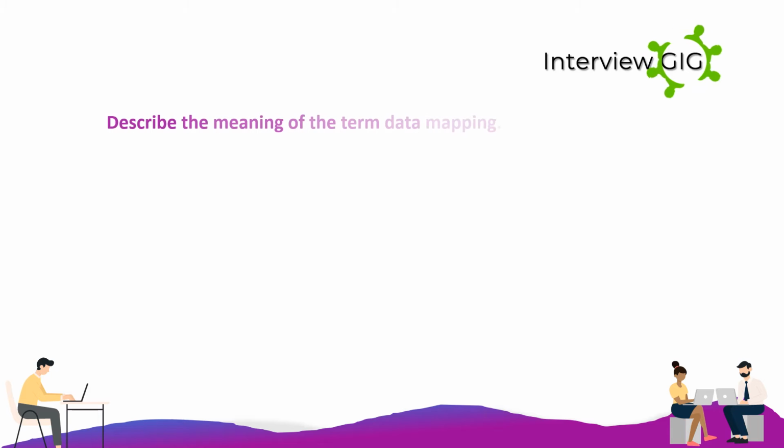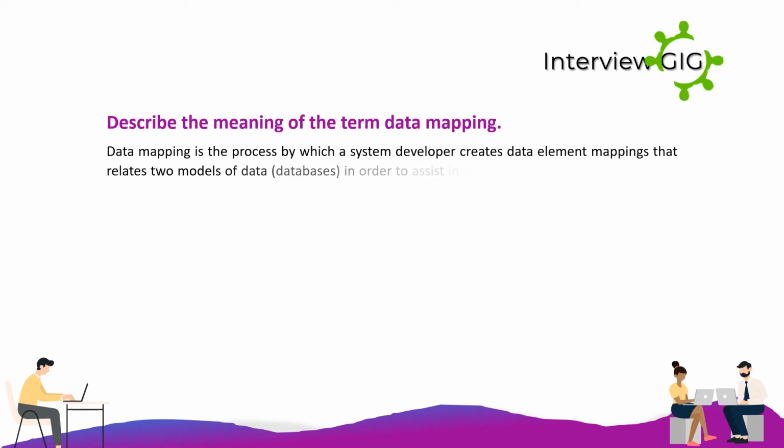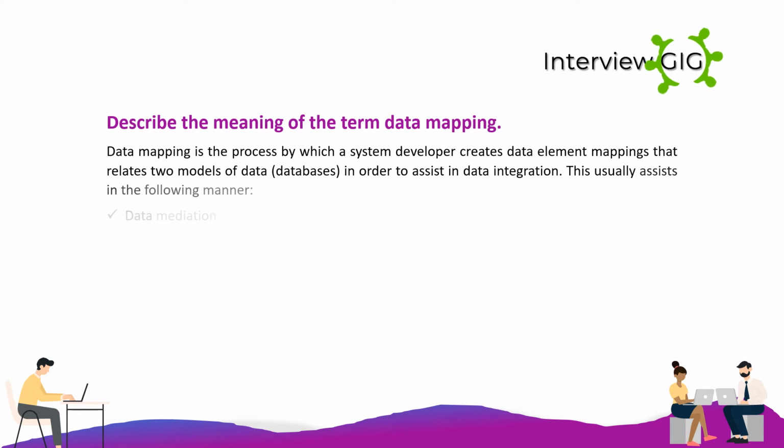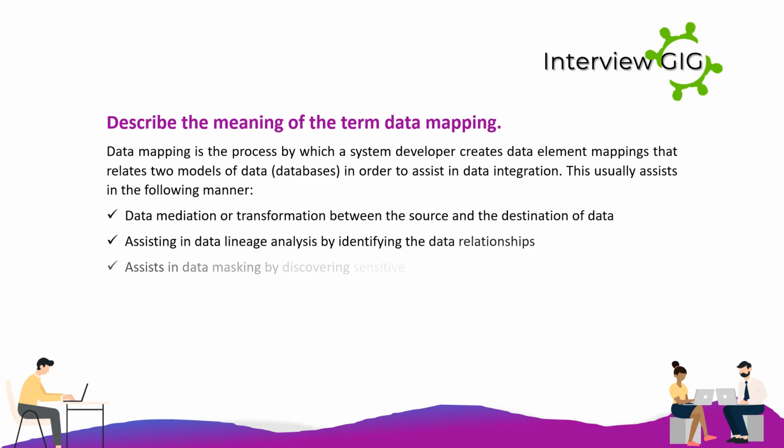Describe the meaning of the term data mapping. Data mapping is the process by which a system developer creates data element mappings that relate two models of data, databases, in order to assist in data integration. This usually assists in the following manner. Data mediation or transformation between the source and the destination of data.